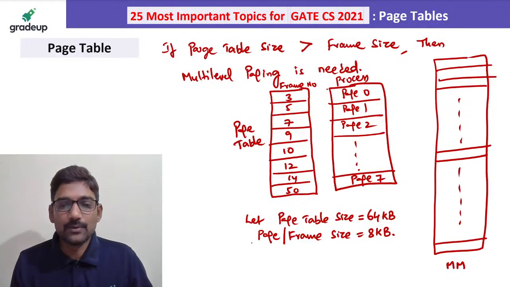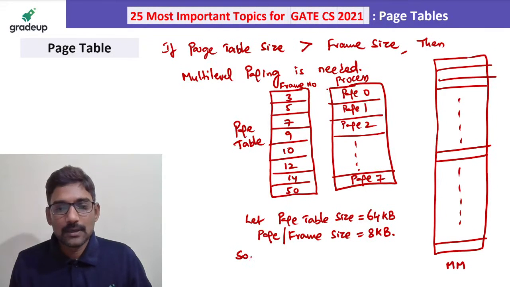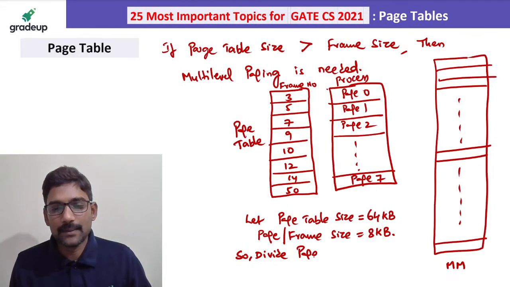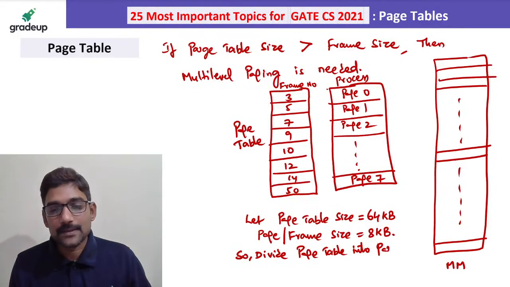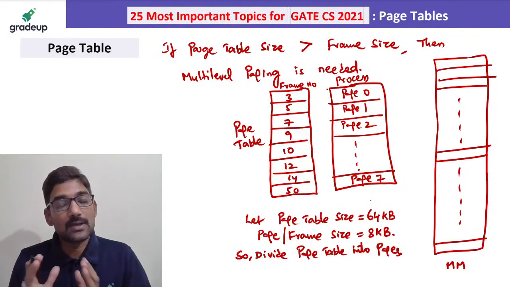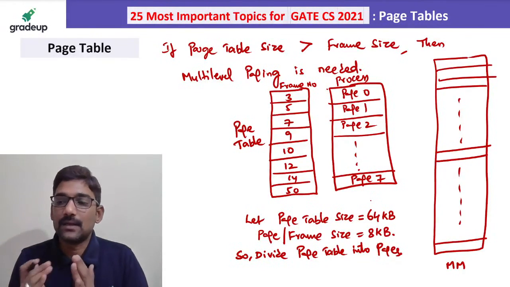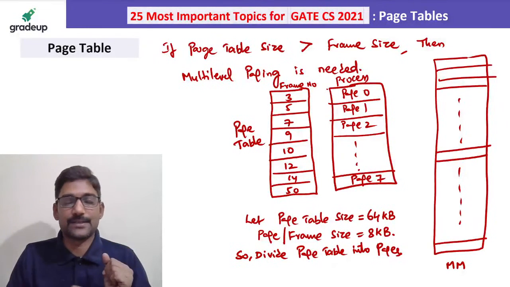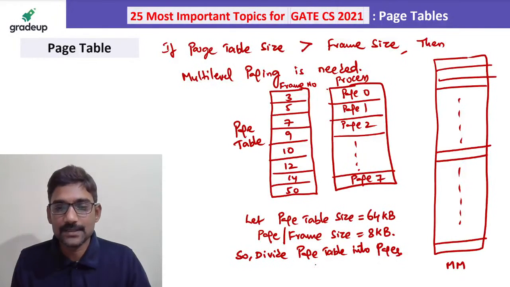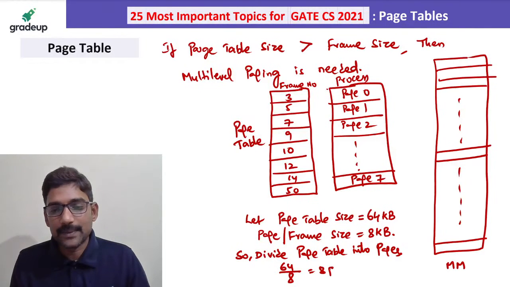So now what do we do? Divide this page table into pages. Process is divided into pages; now we are dividing the page table into pages. How many pages? 64 by 8, so 8 pages.